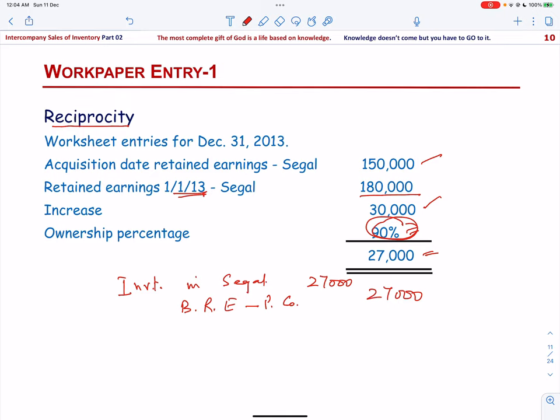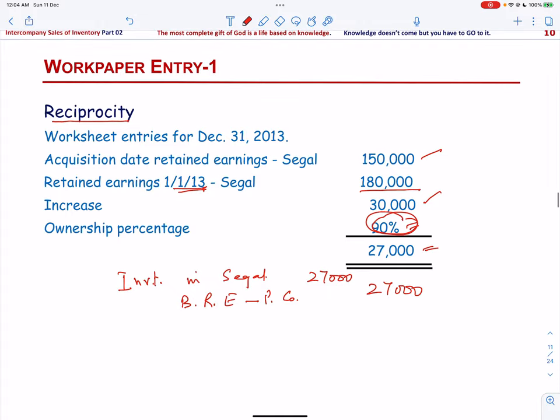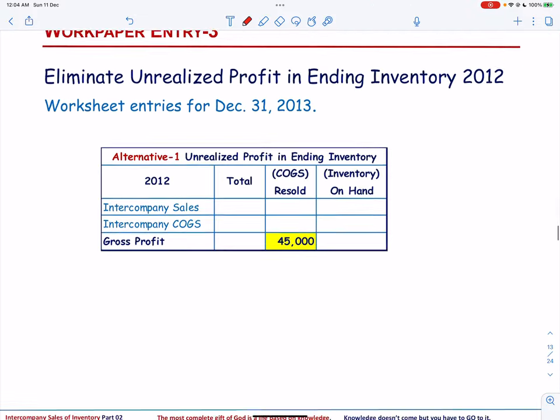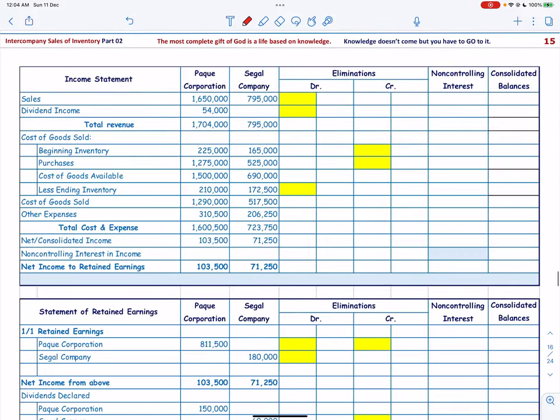This will be recorded in the balance sheet, and we are going to record in the retained earning as well. This is the first work paper entry, and this will be in the beginning retained earning.